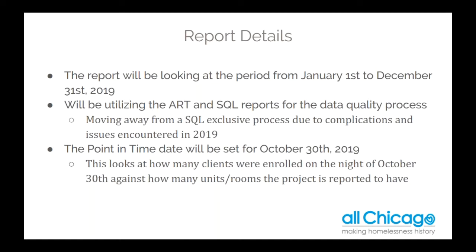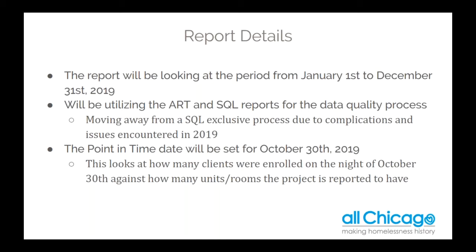And the point in time date for this year is going to be October 30th, 2019, and that is going to look at how many clients were enrolled on the night of October 30th against how many units, rooms the project is reported to have. So point in time means different things to different people. An emergency shelter may be thinking that this is related to their shelter point in time data.